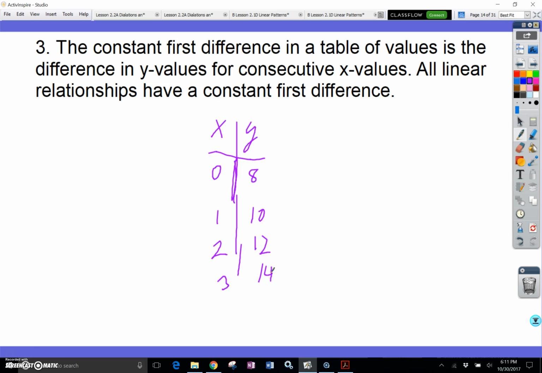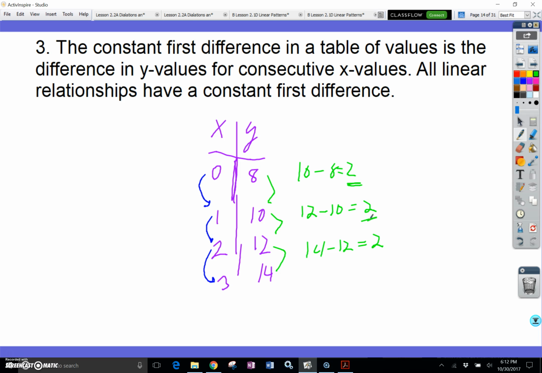3 was 14. Now remember, for the first difference, you see if you have consecutive x values. 0 to 1, 1 to 2, 2 to 3. I do. So all you need to do now is subtract these. This is linear if all the values are the same. So 10 minus 8 is 2. 12 minus 10 is 2. 14 minus 12 is 2.